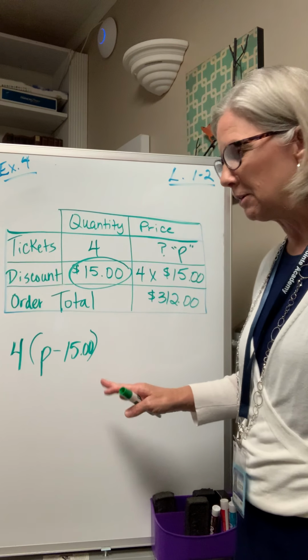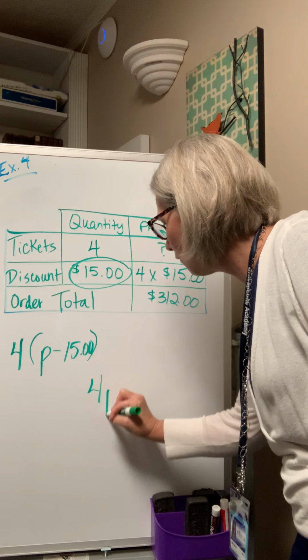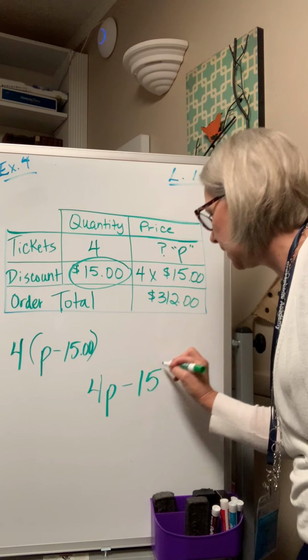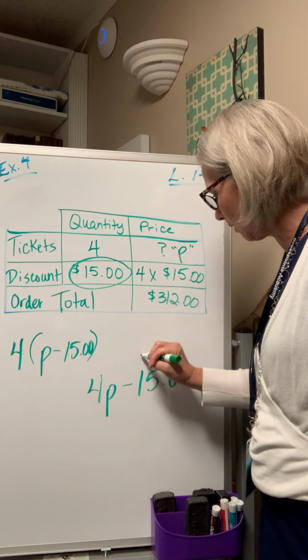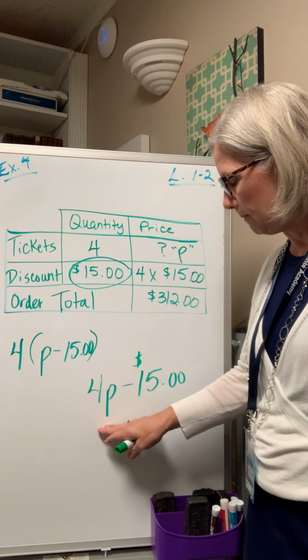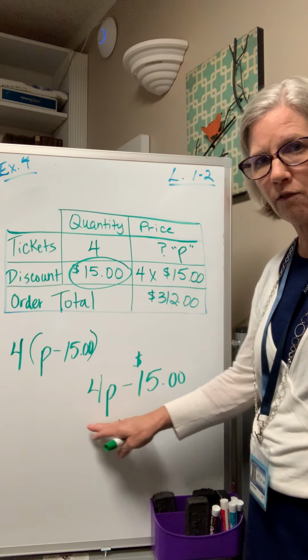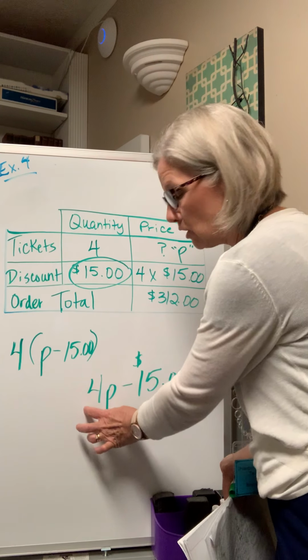Now you might ask me, Mrs. Quigley, why is that inside the parentheses? Why can't I just write 4P minus 15? Well, let's look at what this actually means. Let me put this in a dollar format here. What this means is I'm spending the original price on 4 tickets, and then I'm going to subtract $15 off that total.